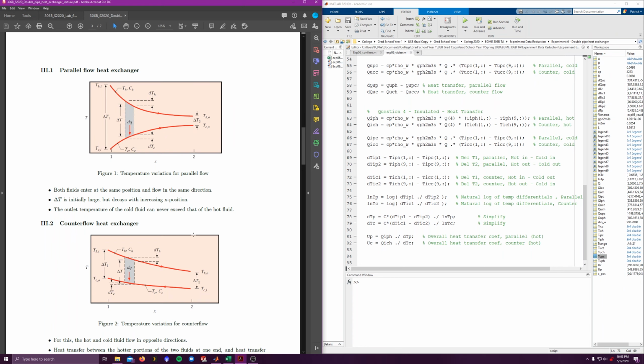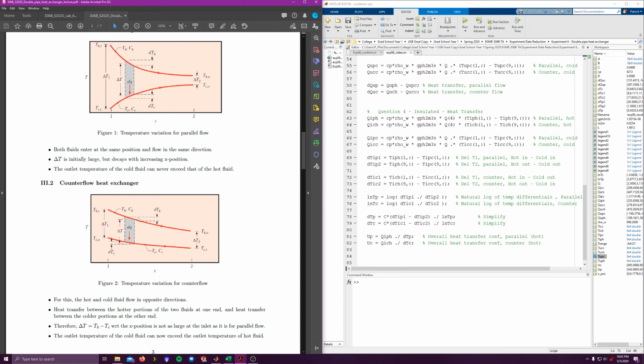For counterflow, delta T1 is T hot in minus T cold out, and for T2, we have T hot out minus T cold in. That's all I've done there. Then this natural log here is just taking the natural log of delta T1 divided by delta T2.